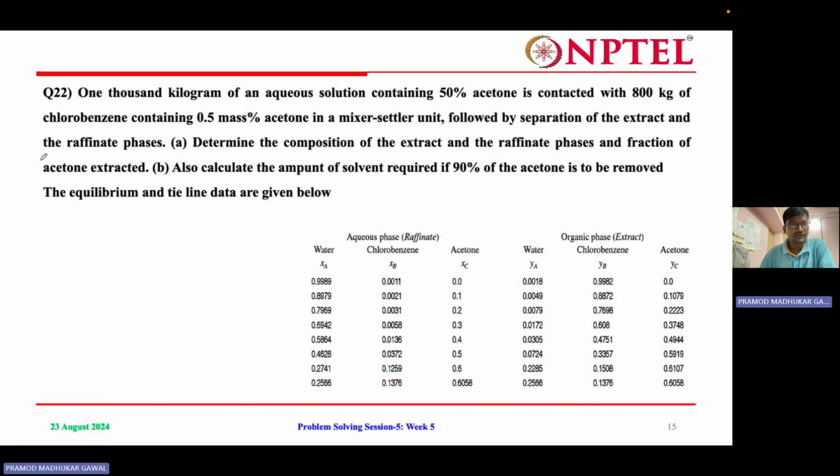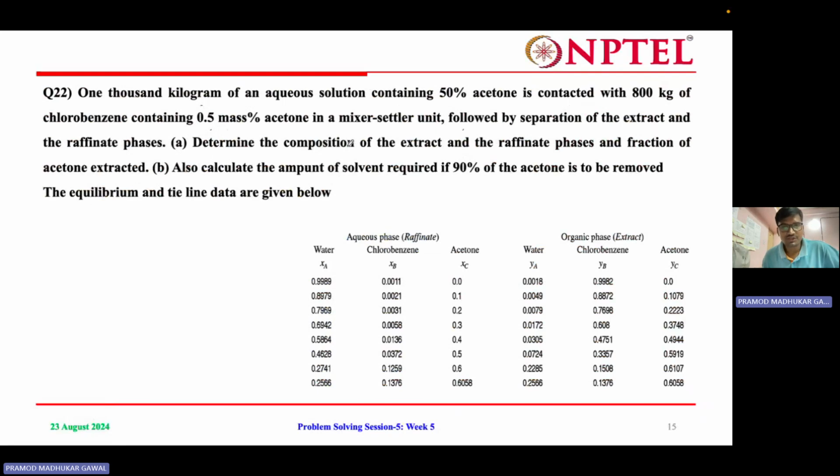So moving to question number 22. 100 kg of an aqueous solution containing 50% acetone is contacted with 800 kg of chlorobenzene containing 0.5 mass percent acetone in a mixer settler unit, followed by the separation of the extract and raffinate phase.